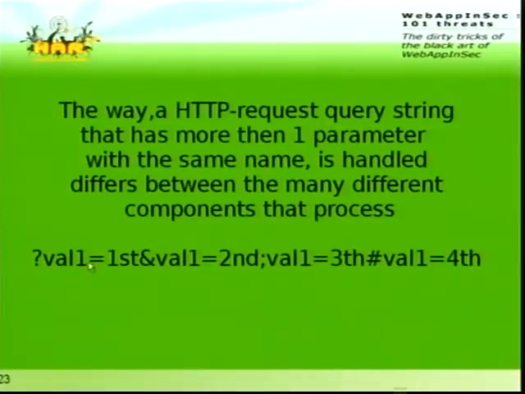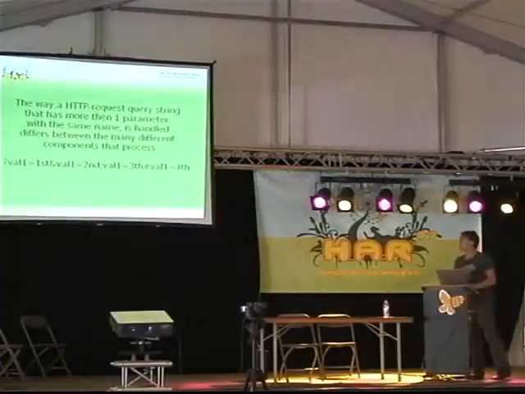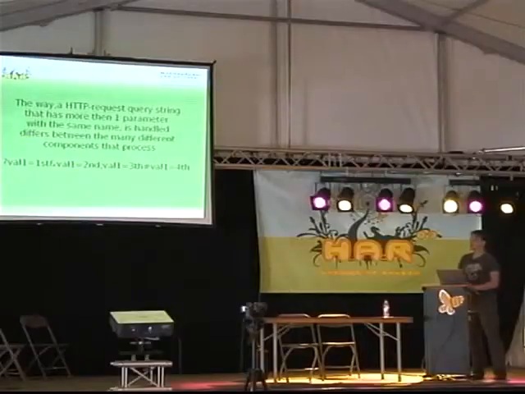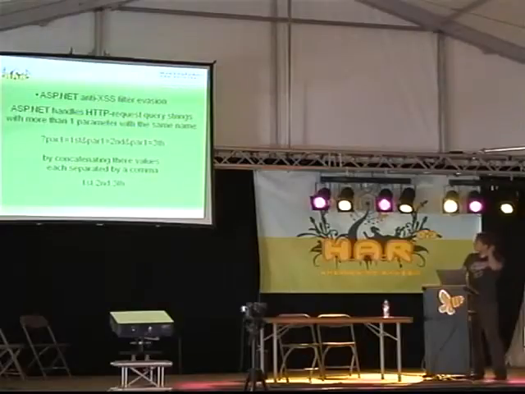These are all parameters with the same name, and different platforms like Java, JavaScript, or the PHP server-side code or the ASP server-side code would say that the val1 parameter is a different value than the other ones, and that could lead to strange situations and to filter evasion, as we will see later on.